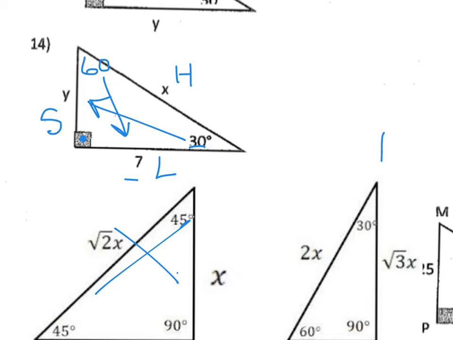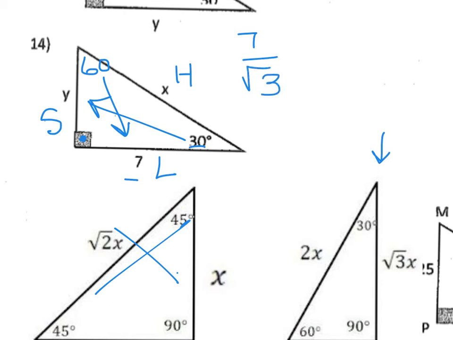So let's take a look at these rules here. So in order to go from a long leg to a short leg, we need to think that we're going to be dividing by something because we need to go to a smaller number. So to go from short leg to long leg, we multiply by radical 3. And so this time we're going to divide by radical 3. So we're going to say 7 divided by radical 3.